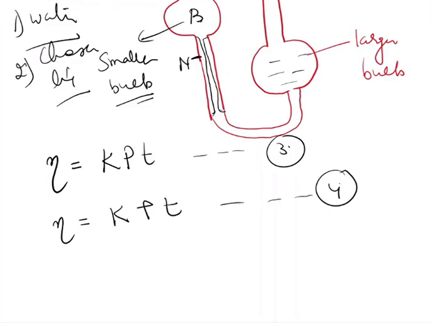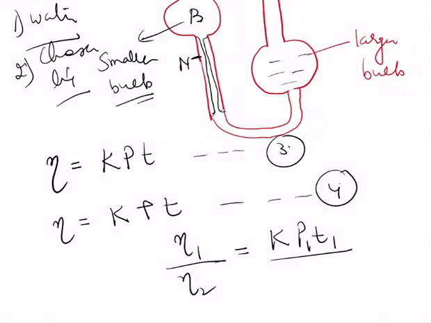Okay. So if you have two liquids, you can use the equation eta 1 by eta 2, which is equal to K P1 T1 upon K P2 T2, which is equal to P1 T1 upon P2 T2.